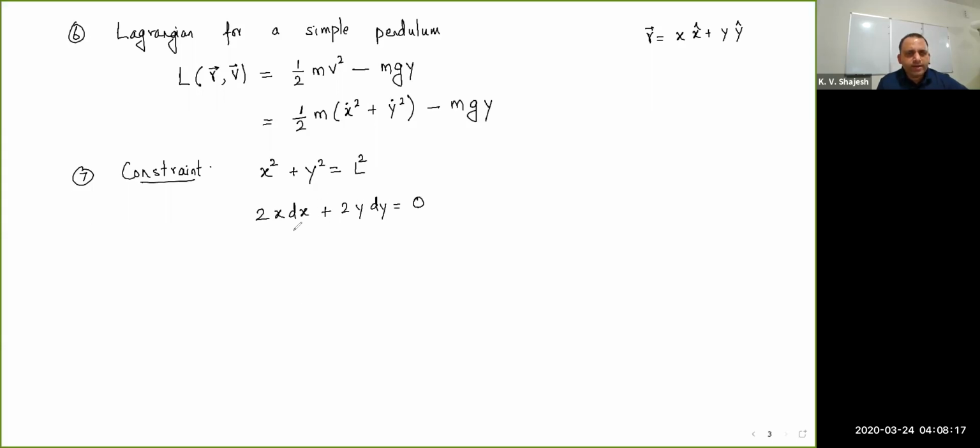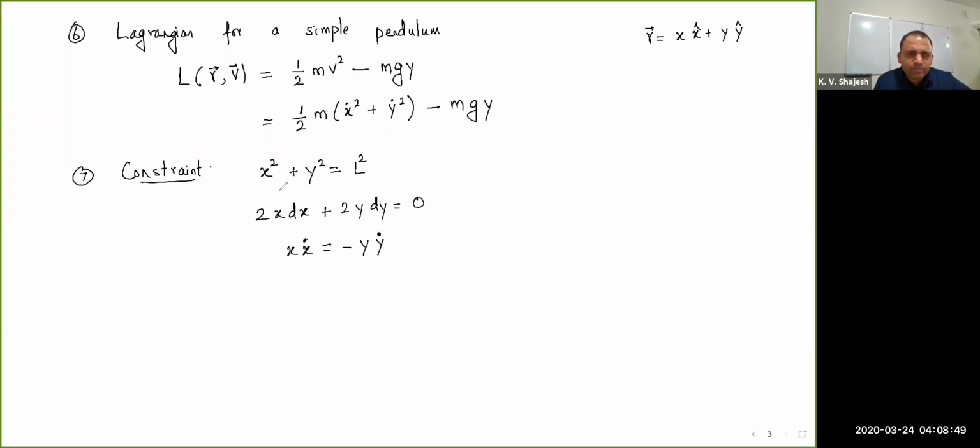If I were to divide by a small time dt, I learn that x x dot is equal to minus y y dot. That's another form of writing the equation of constraint, but we would prefer x squared plus y squared equal to L squared itself.